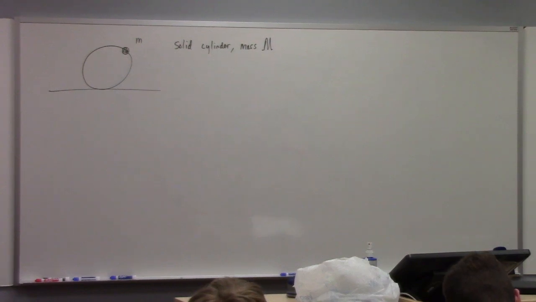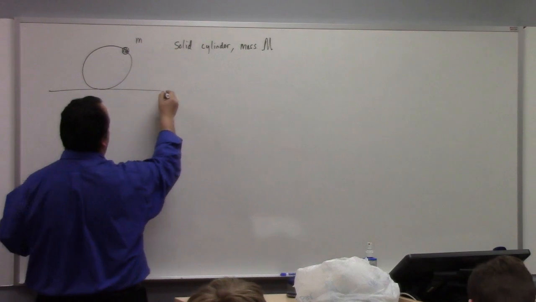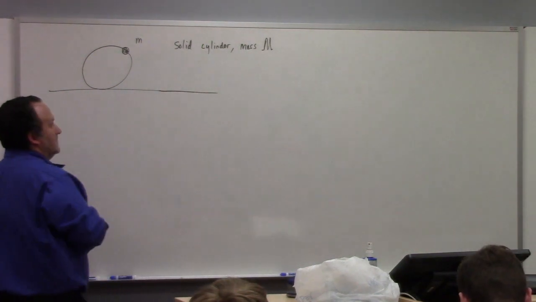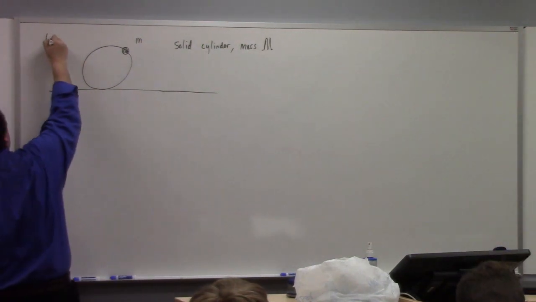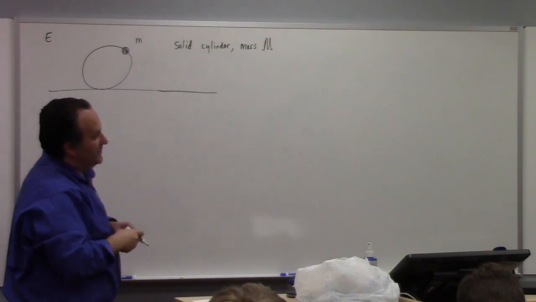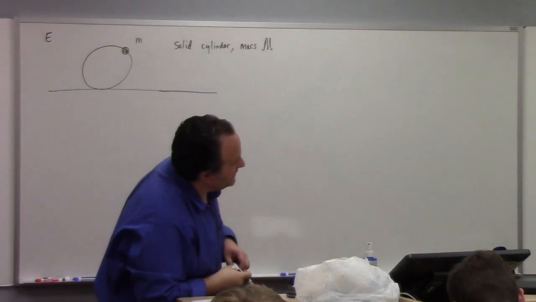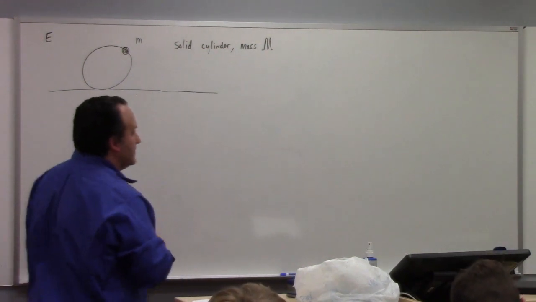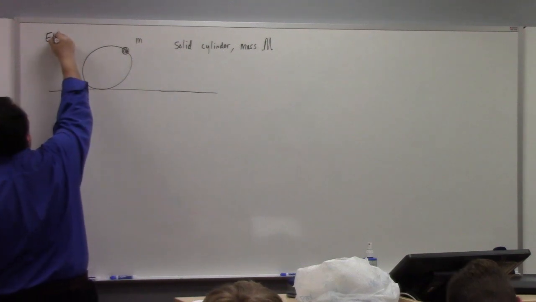This is rolling on a plane without slipping. What happens? Can we describe the motion? What is Newton's rotational second law here?